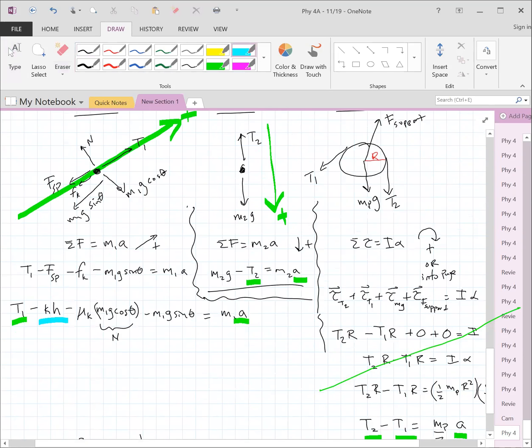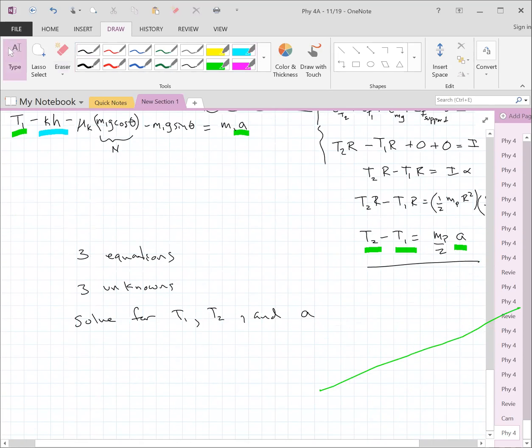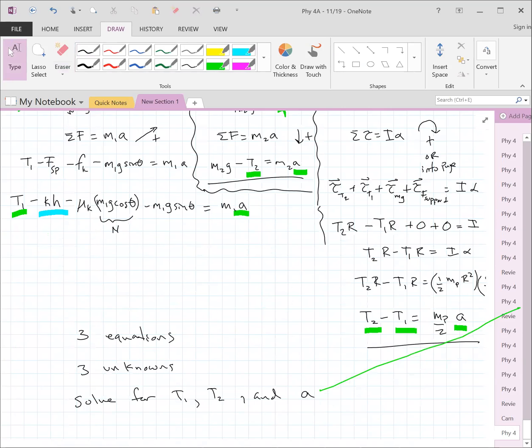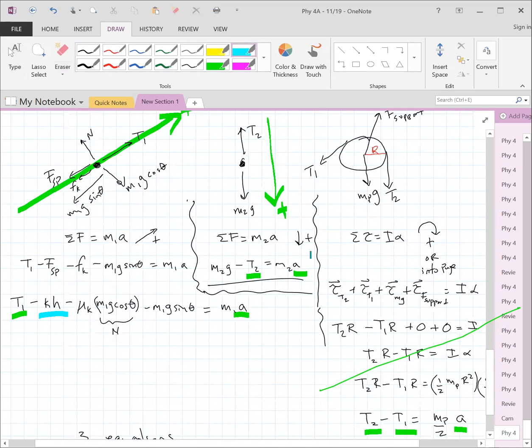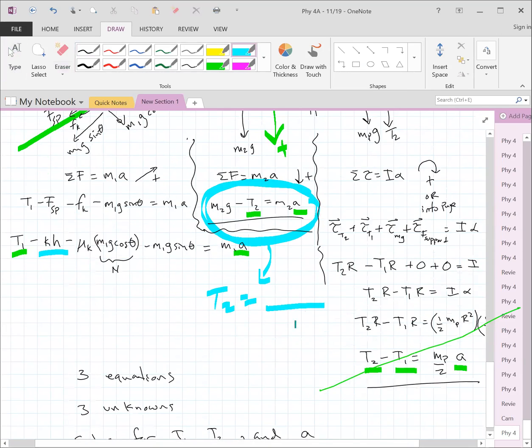How would you solve for the unknowns? So you've got three unknowns. What would I do? I would start with this equation here for M2, and I would solve for T2, right? T2 equals something with an acceleration and an M2 and a G. And then I would stick that into this.